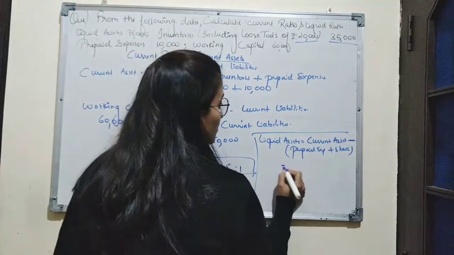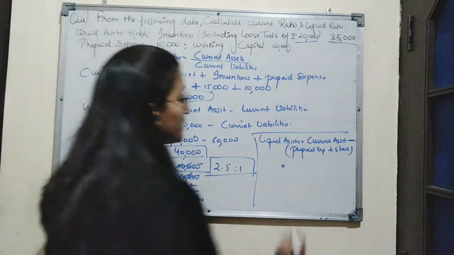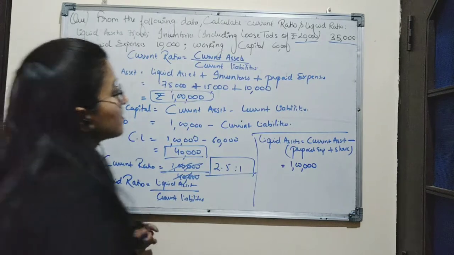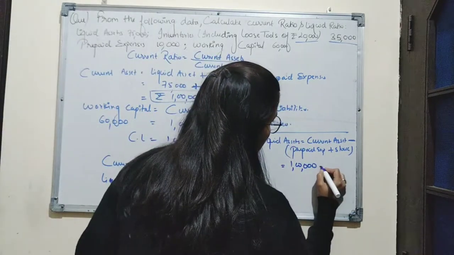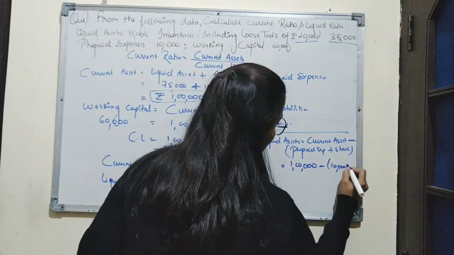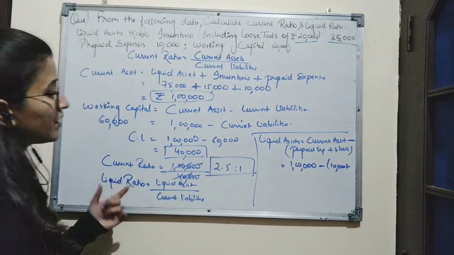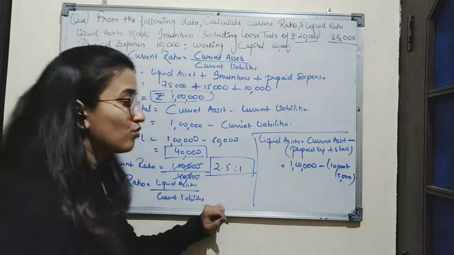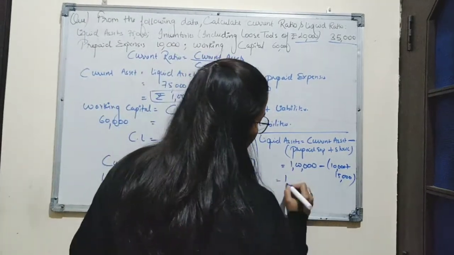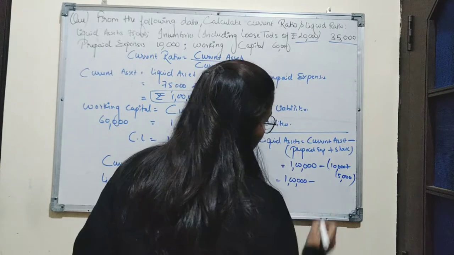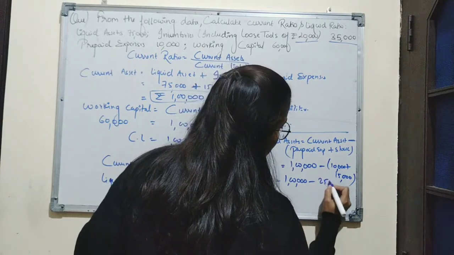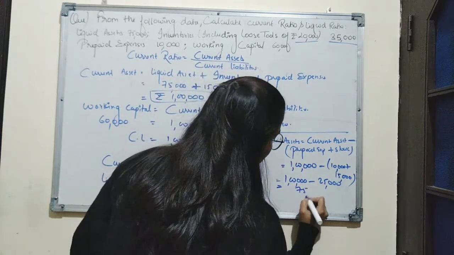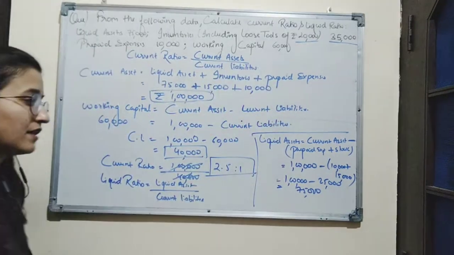liquid asset. So here amount of current asset is rupees 1 lakh. Prepaid expenses is rupees 10,000 and inventory is rupees 15,000 after excluding loose tool. So here 25,000 will be deducted from 1 lakh. So amount of liquid asset will be rupees 75,000.